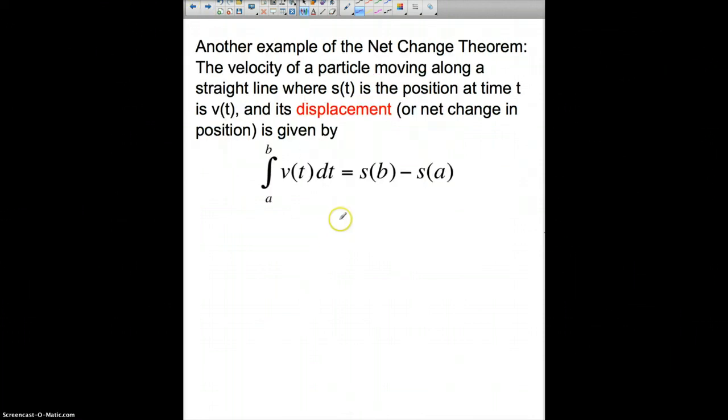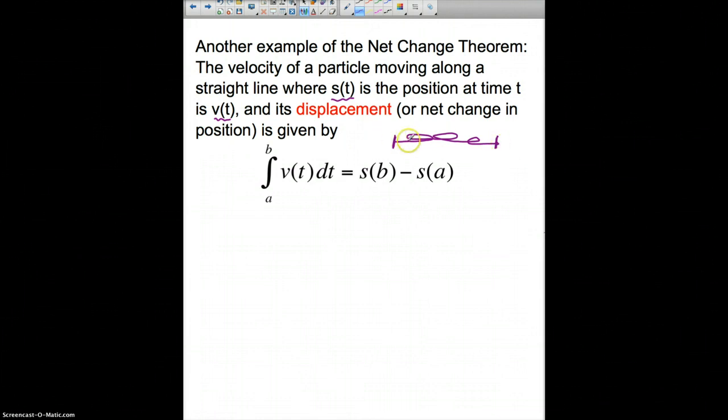Another example of the net change theorem: the velocity of a particle moving along a straight line. S of t represents the position at time t, and v of t is the velocity. If we want to find its displacement, or its net change in position, so if it started here and went back and forth and back and forth and ended up here, I want the net change from here to here.